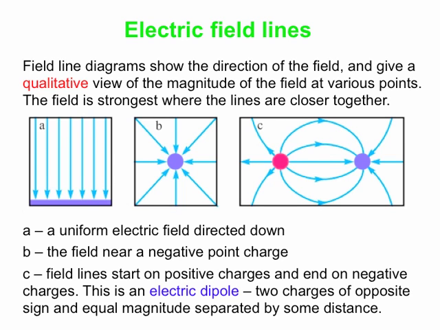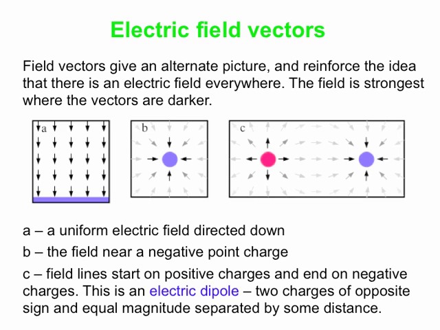And then we can also talk about an equivalent representation we called field vectors. We basically pick a grid of points and we draw a little arrow representing the field at each one of the grid points nearby. So in the uniform field, we have all these little vectors of the same size, equally spaced. In picture B, we've got little arrows all pointing in toward that negative charge.